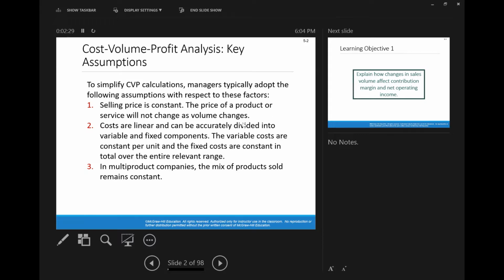The total is going to fluctuate by quantity. So remember, we take the amount and multiply it by the quantity to come up with a total. So if we change the units, the total cost is changing, but it's not because of a change in price per unit. And in multi-product companies, the mix of products sold remains constant.